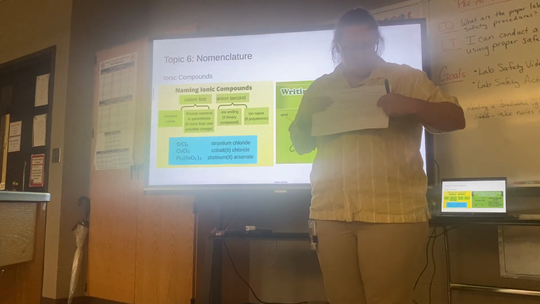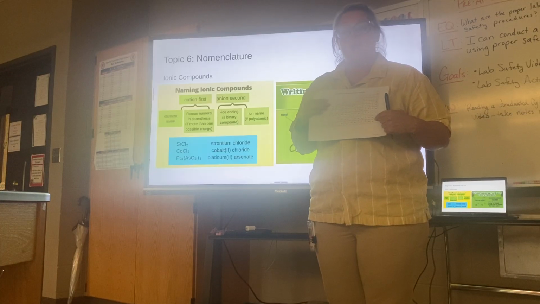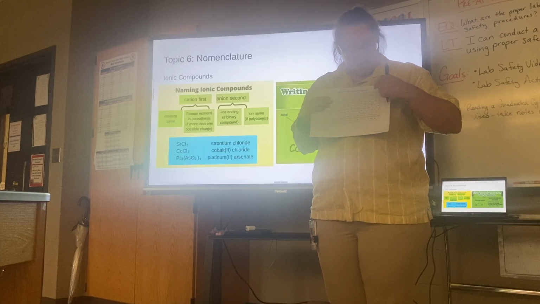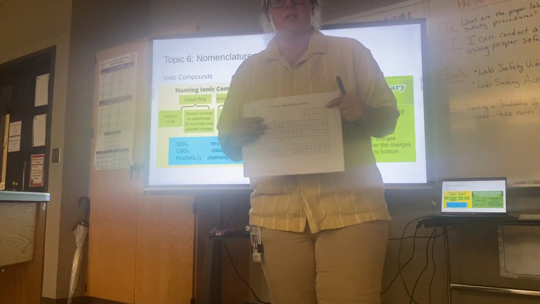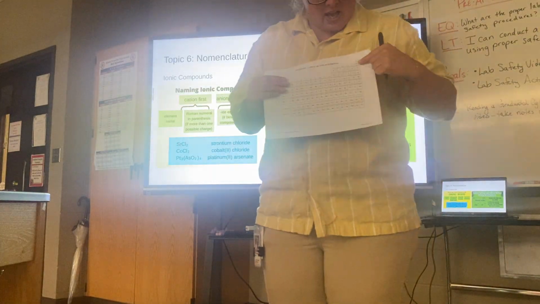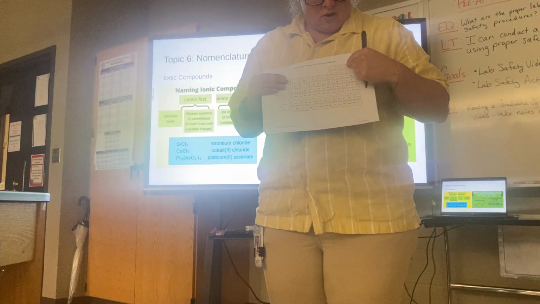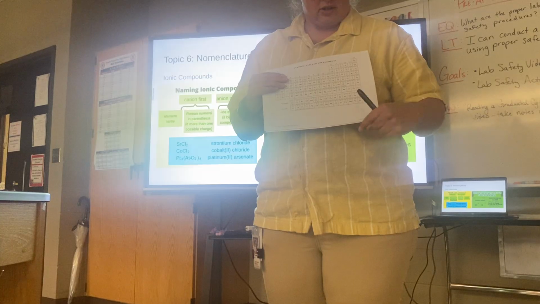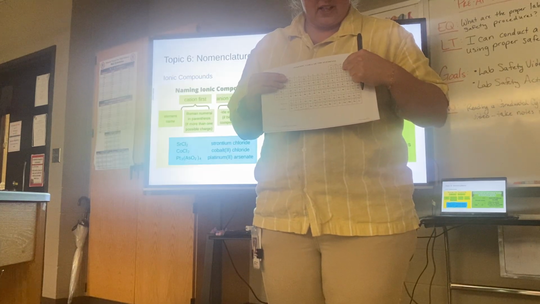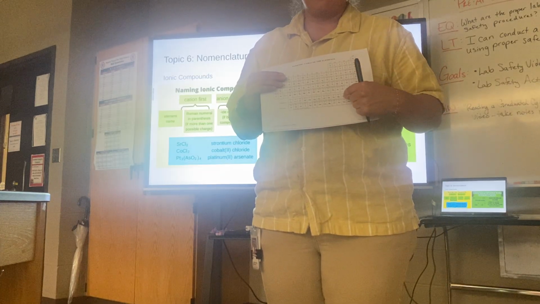Everything in the second to last column, column 17 or group 17, has a -1 charge. Everything in group 16 has a -2 charge. Everything in group 15 has a -3 charge.